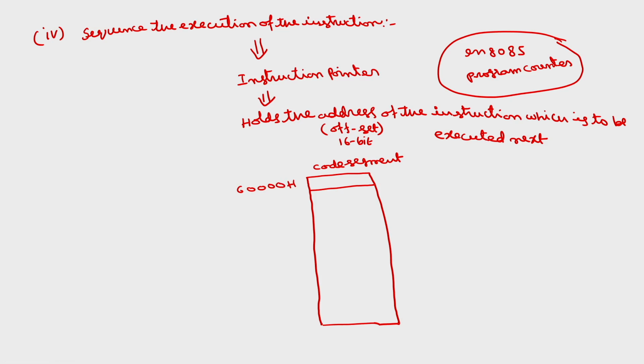Let us take that the code segment can be a maximum of 64 kilobytes, as I have discussed in the last class. Suppose the microprocessor is executing this instruction, the instruction that is stored in this location.